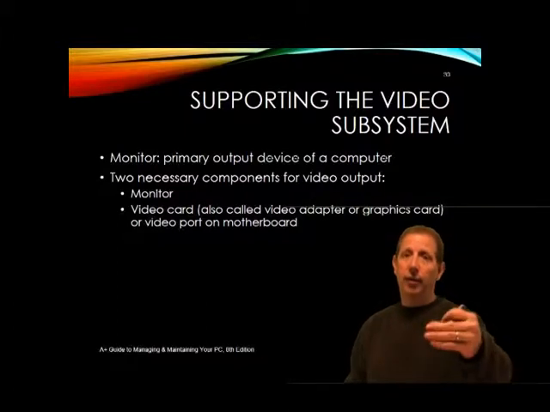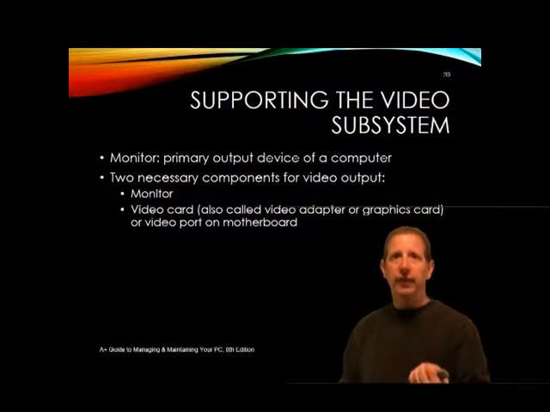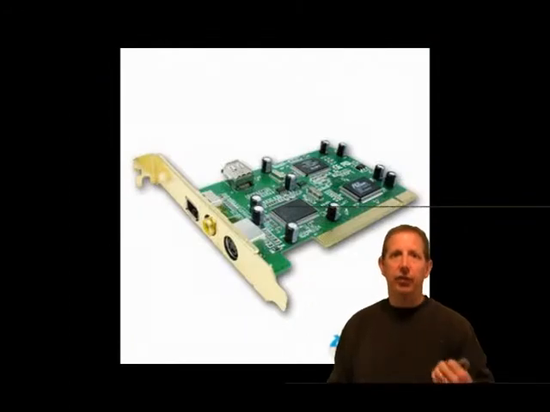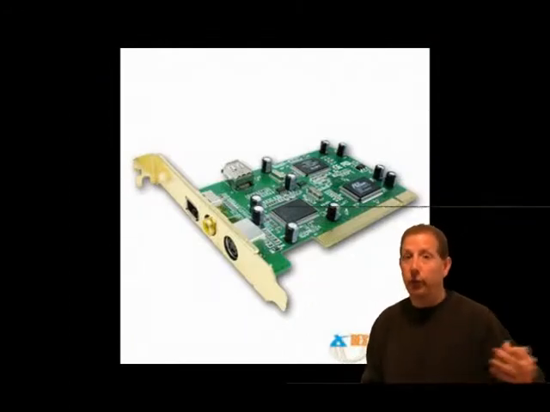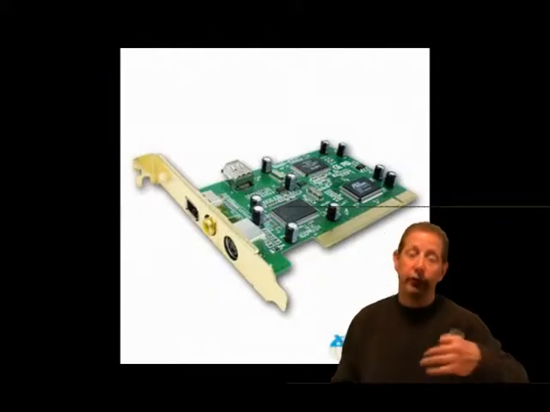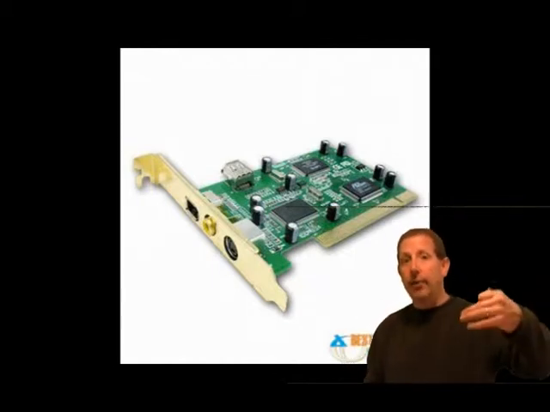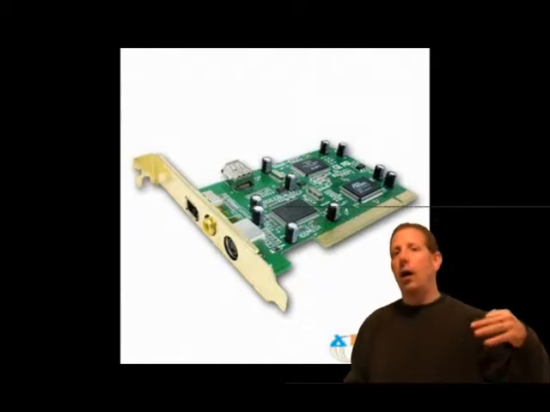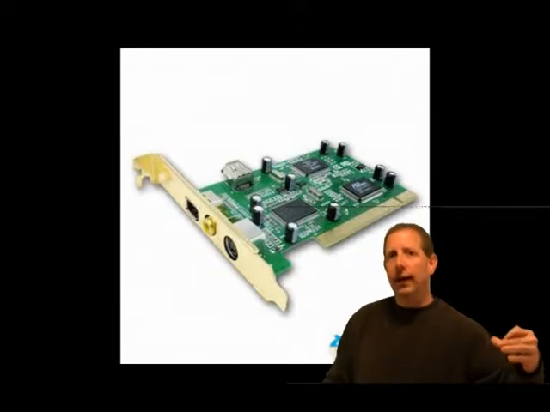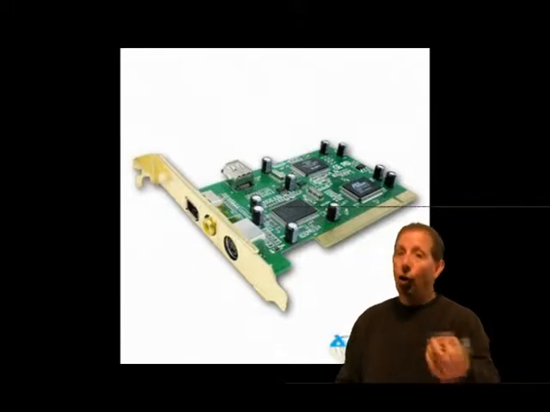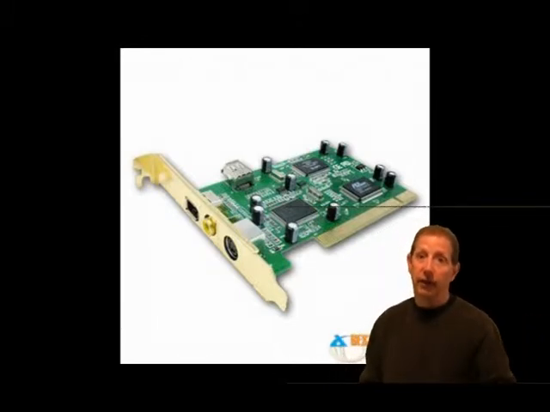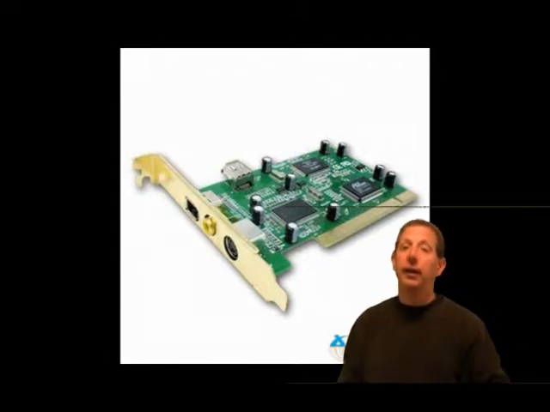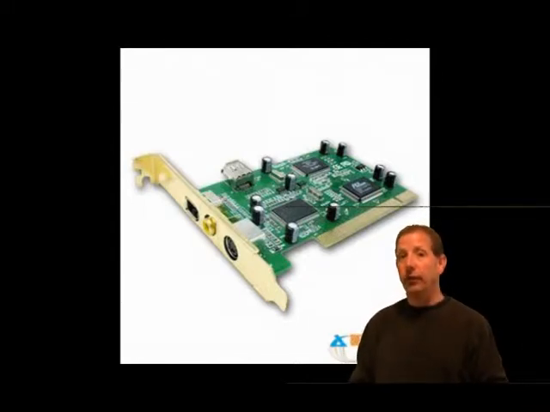A video capture card allows you to capture video and save it to your hard drive, for example from a digital camera or from a webcam. A TV tuner card allows you to literally hook your television cable system up to it and watch TV through your cable system.